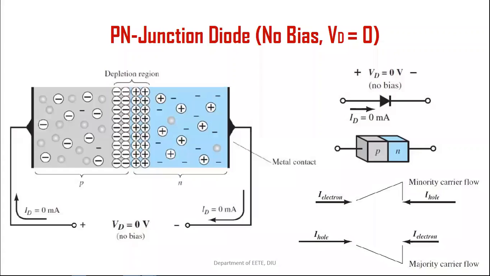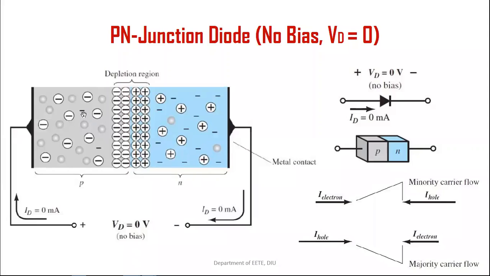So sir, what about minority carriers? You know that the minority carrier in the P type is the electron, and the minority carrier in the N type is the hole, so a very small amount of hole and a very small amount of electron. Right now, when the depletion region is created, this electron and the positive ion will attract, and this hole is positive and this negative ion is negative, so they will also attract.